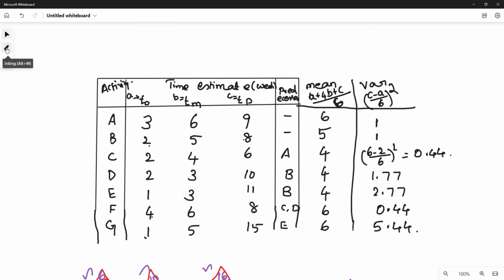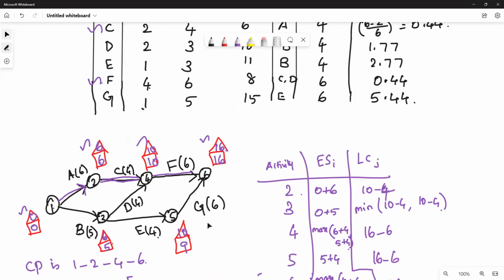What is the critical path here? A to C, C to F. So this is the critical path. So only for this critical path, let us take the mean and variance values.